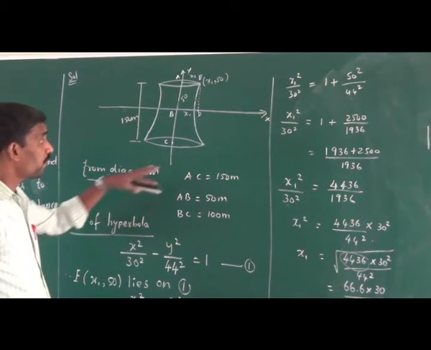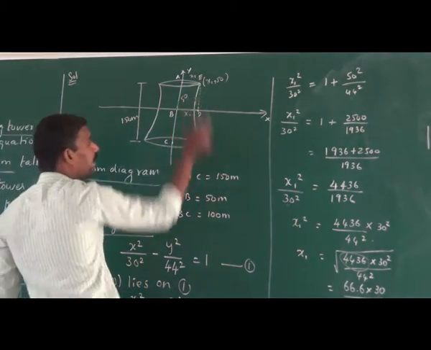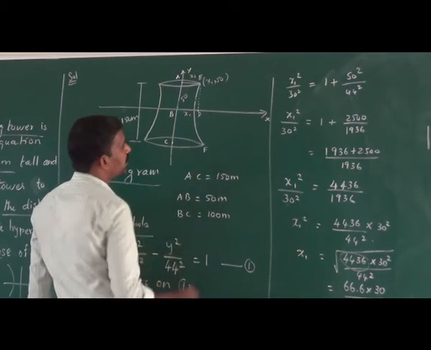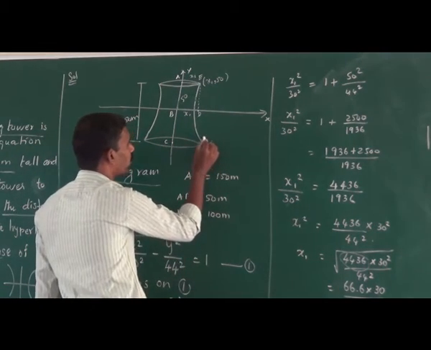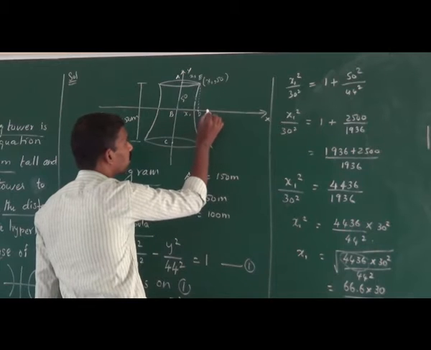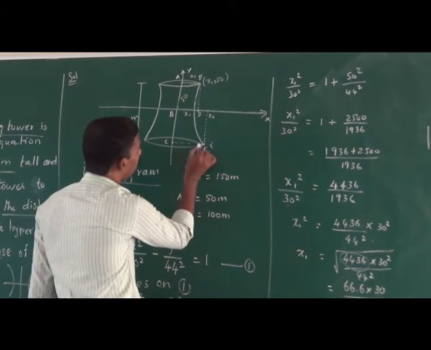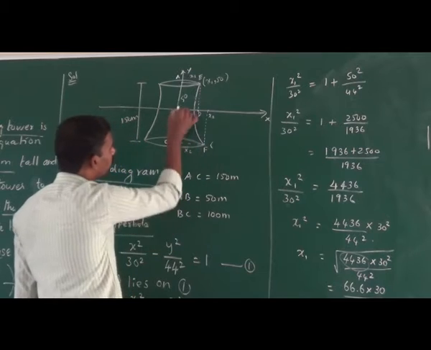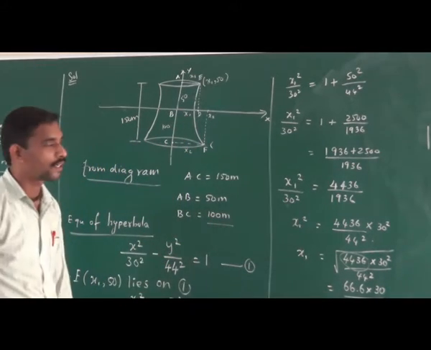Next one, we want to find out the coordinates of this one. D, E, now we take F, right? What is the coordinate of F? So now we want to draw a vertical line to the x-axis. So this point is nothing but what? X2. So this horizontal distance is nothing but x2 and vertical distance is nothing but 100, because BC is equal to 100.